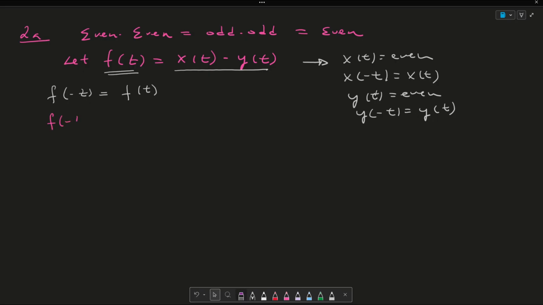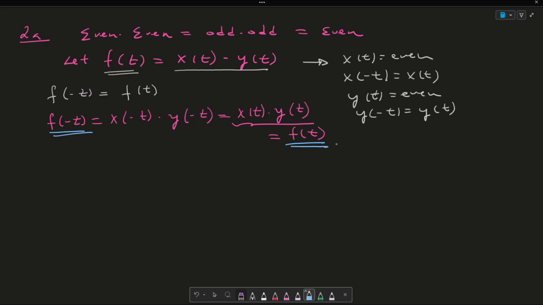So f(-t) is equal to x(-t) times y(-t), which is simply equal to x(t) times y(t). And this here is simply f(t). So that means that f(t) is equal to f(-t).